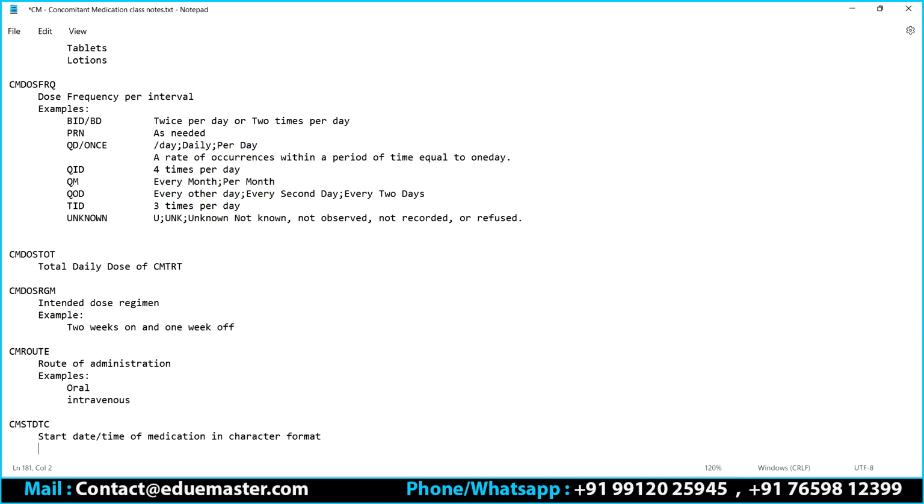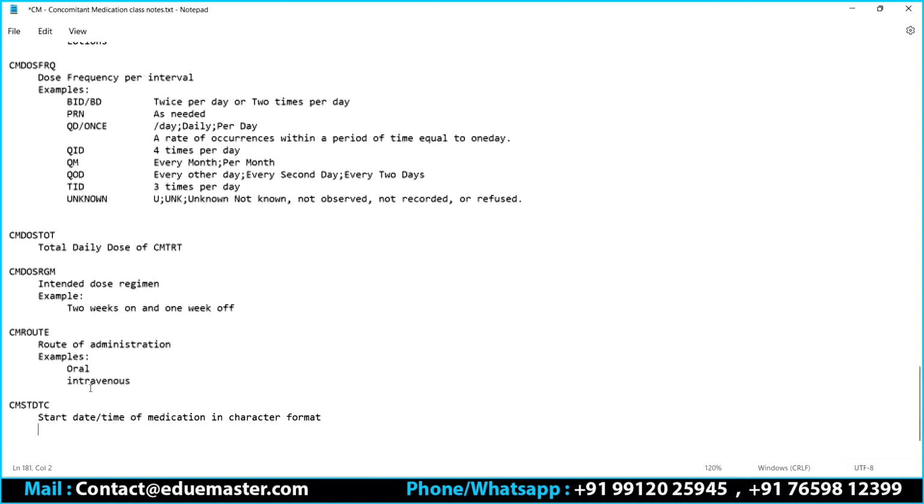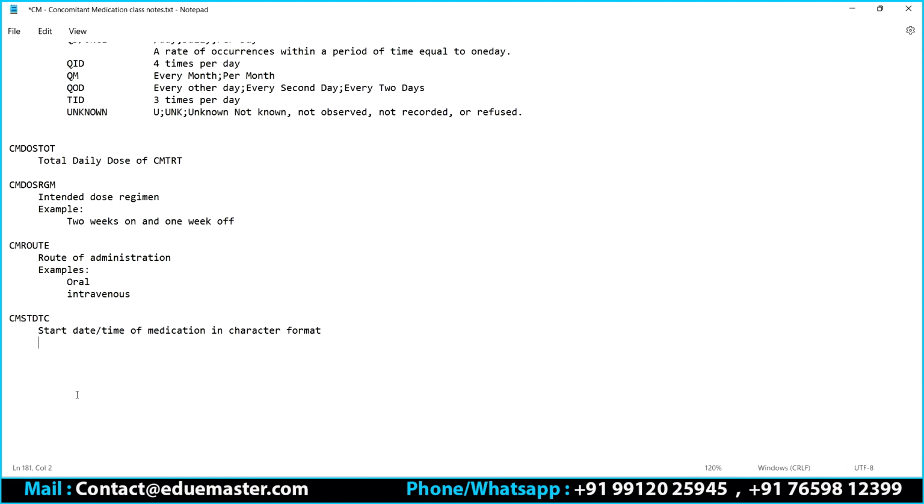Am I correct? This is what we define even in the other domains, so AESTDTC, DMSDTC, all these are going to be the same. MHSTDTC, right? So what is going to be the format? It should be in a character format, and the acceptable formats are going to be ISO 8601 date or date-time.